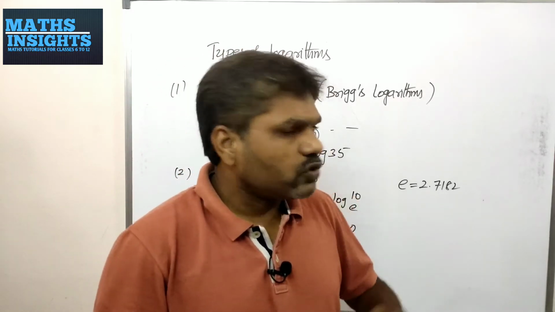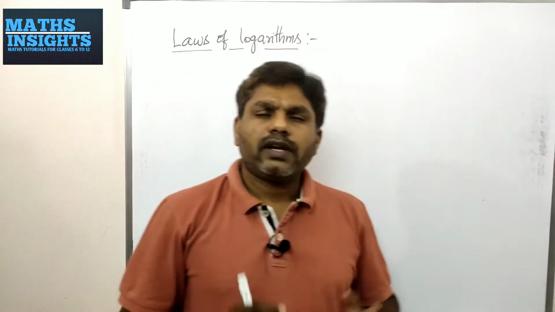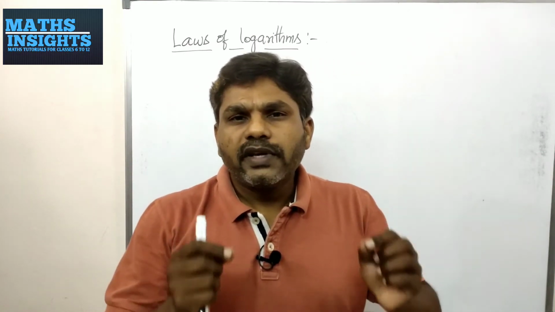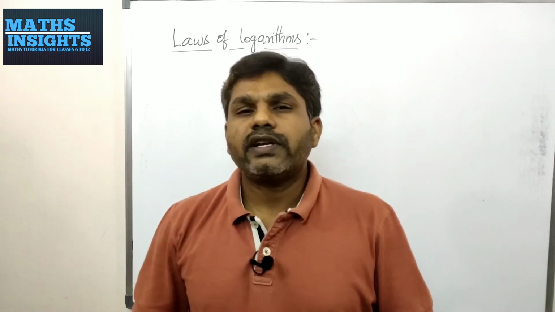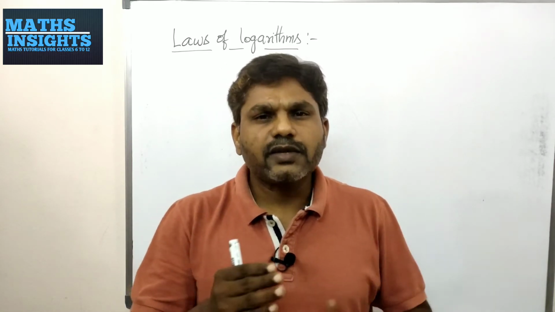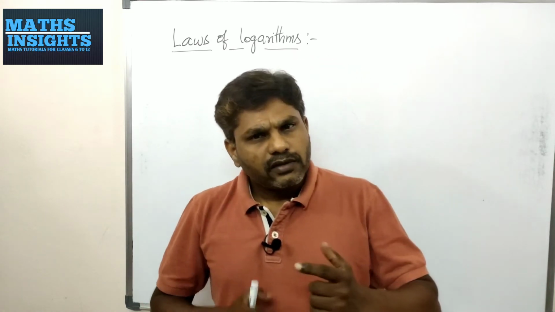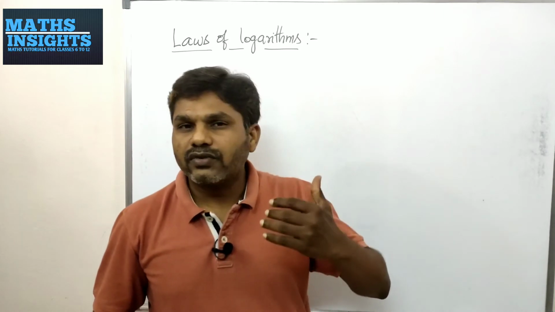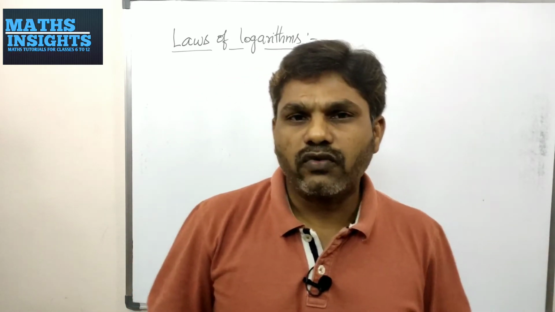Now we will go to the laws of logarithms. Logarithms are very useful to simplify bigger multiplications into simple additions and also difficult divisions into simple subtractions. To do those calculations, you have to know the laws of logarithms, otherwise you cannot go further.